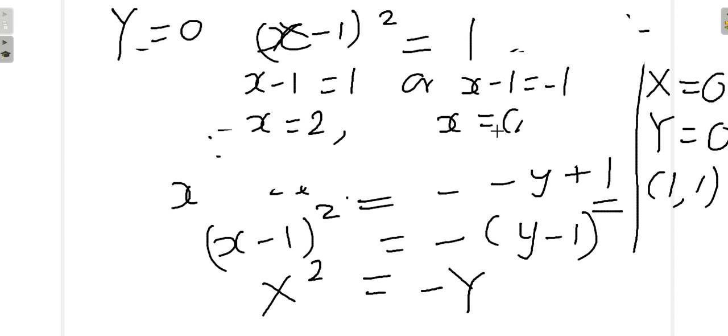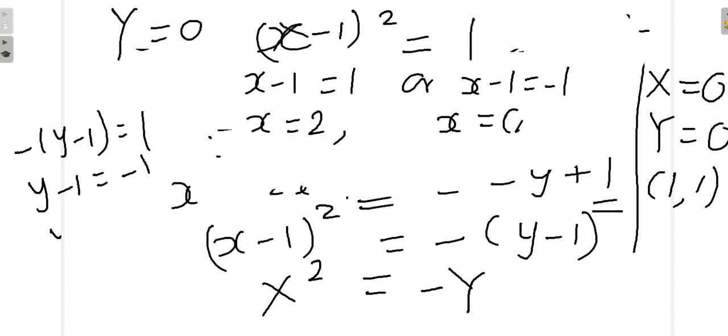To find where the curve cuts the y-axis, you have to put x equal to 0. So if you put x equal to 0, you will get minus of (y minus 1) equal to 1, or y minus 1 equal to minus 1, and that gives you y equal to 0.